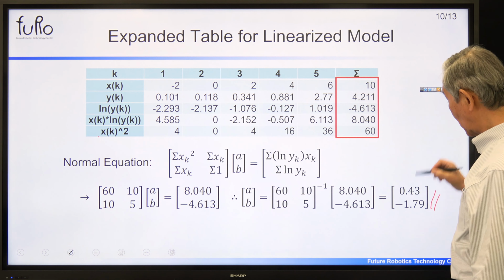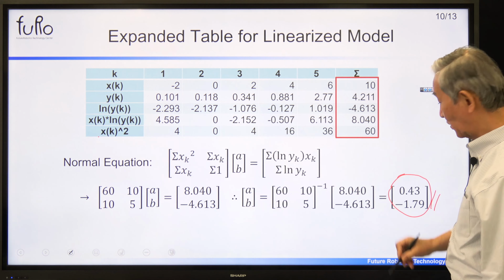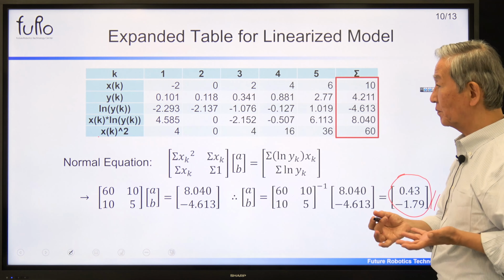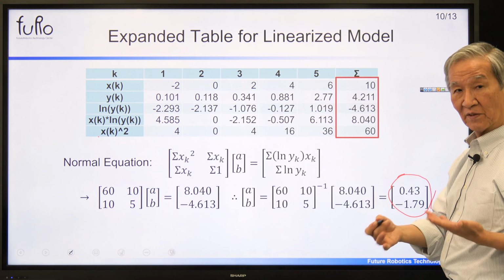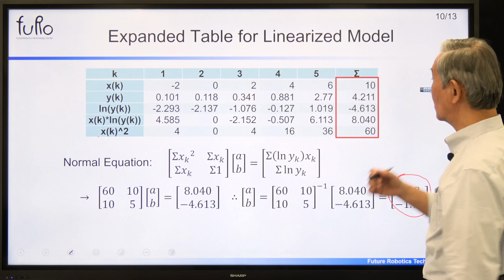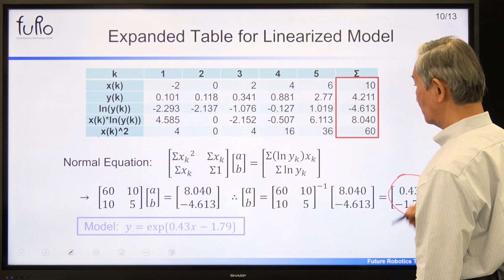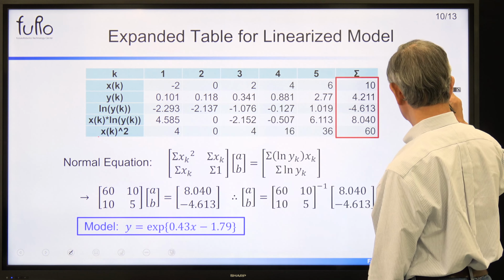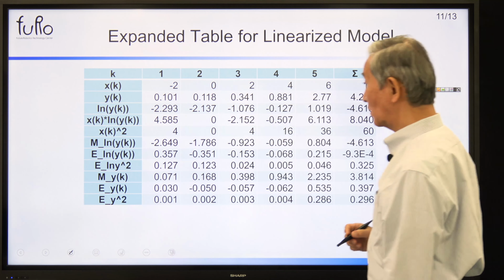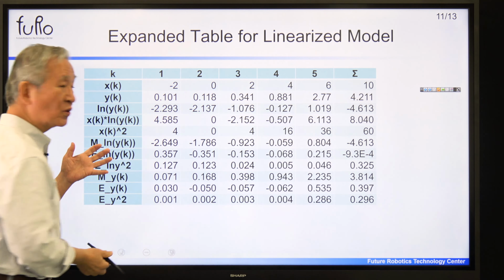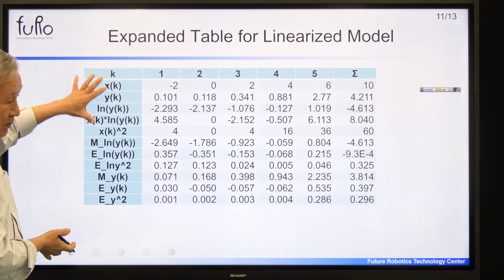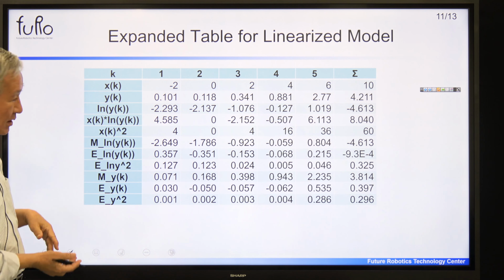Now let's use those parameter values to compute the original error. For the comparison, let's compute the linearized error as well as the original error. Model is this one here. I have augmented my table with some other columns.